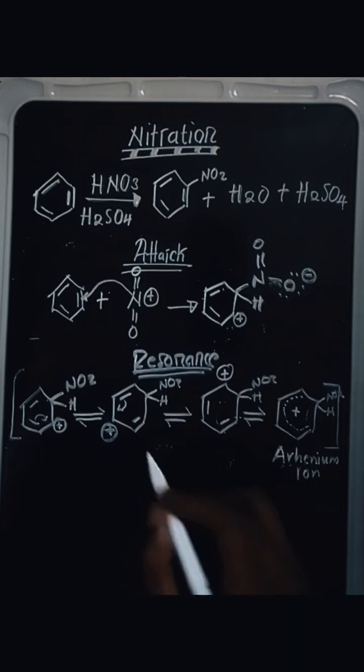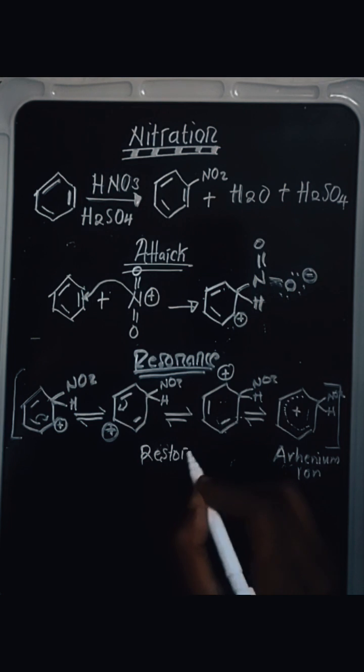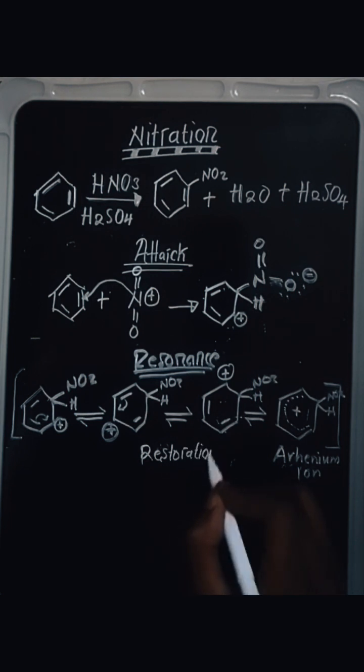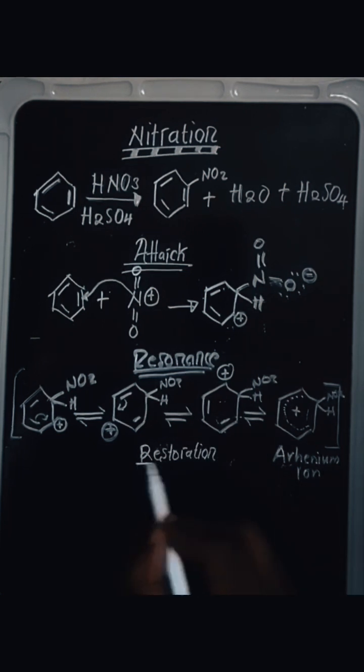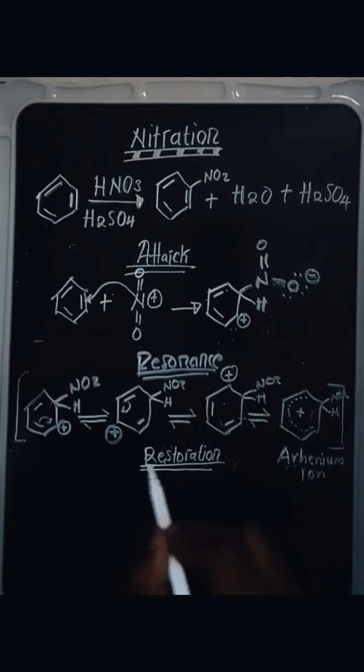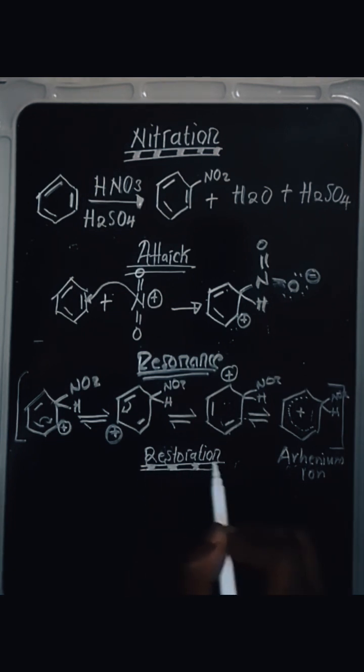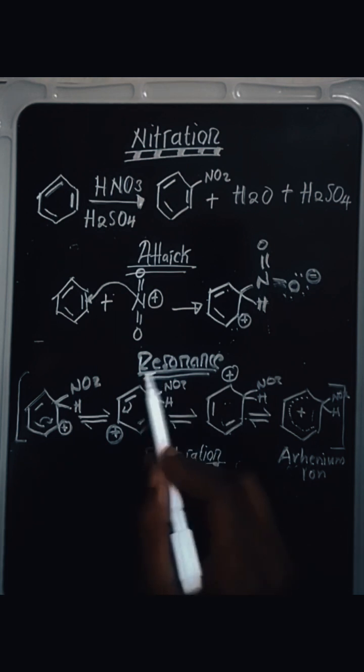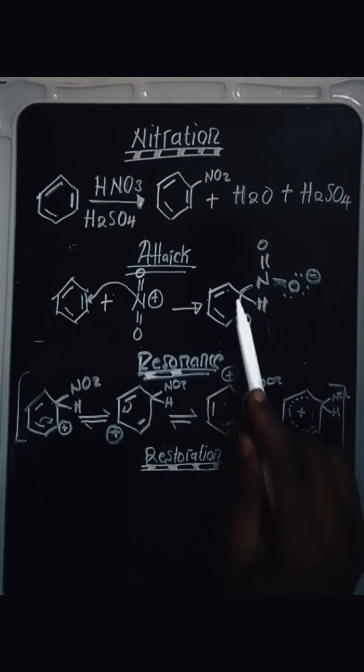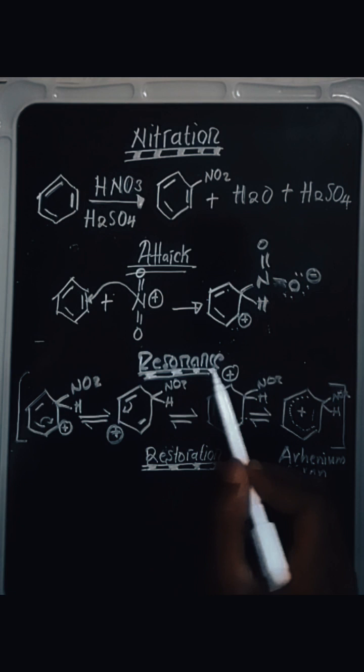So after doing that, the last step is restoration. Restoration of what? Restoration of aromaticity, right? So you need to restore your aromaticity, because this part has lost aromaticity because it's no longer planar.